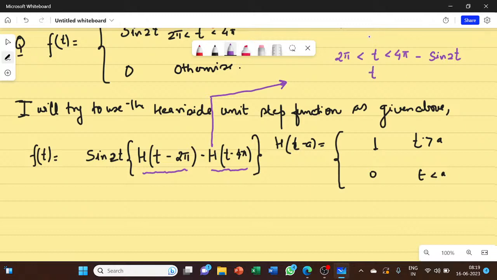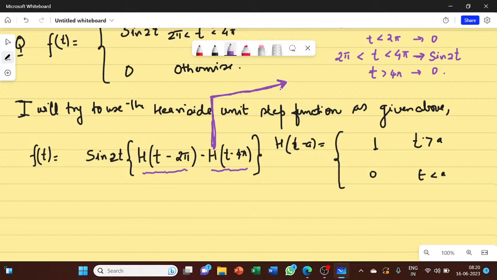If t is less than 2π, this would be 0 and this would be 0, so the function would be 0. And if t is greater than 4π, then this first term should be 1 and this term should be 1, so the answer would be 0 only. So one has to understand that this is how you write the definition of a function using the unit step function.